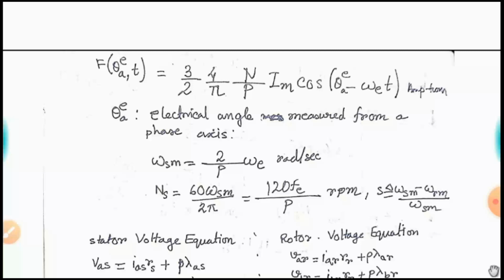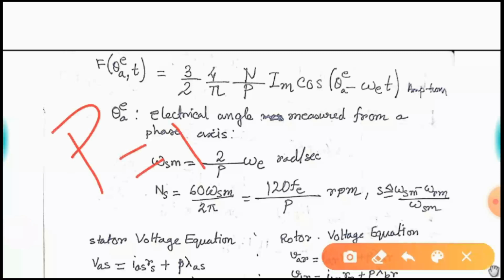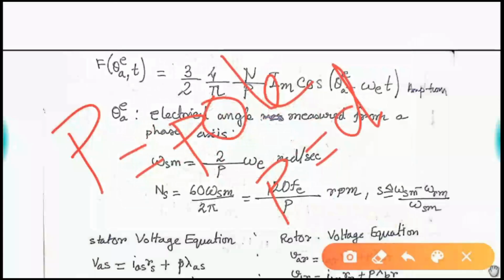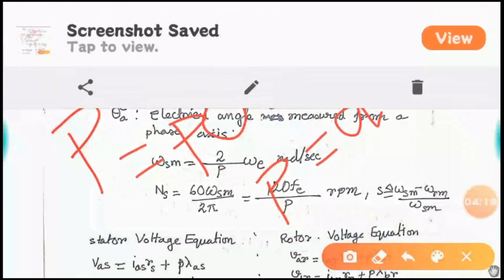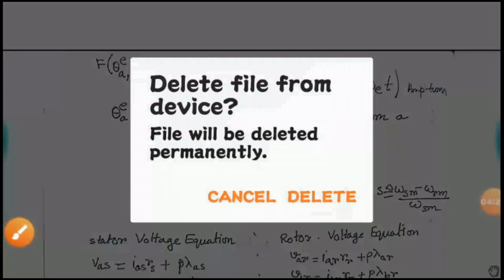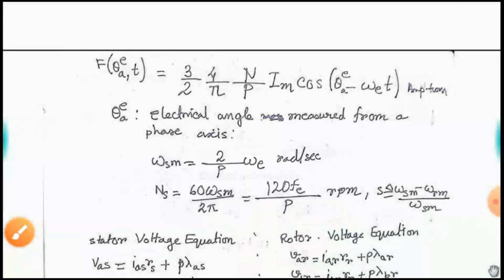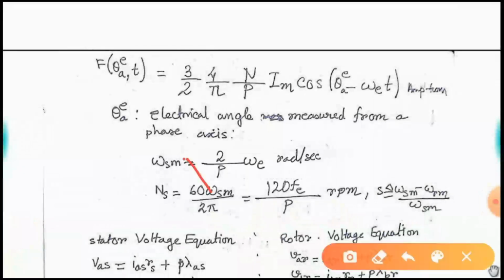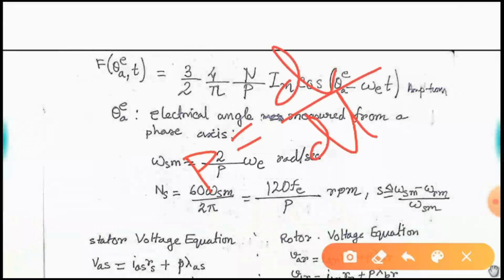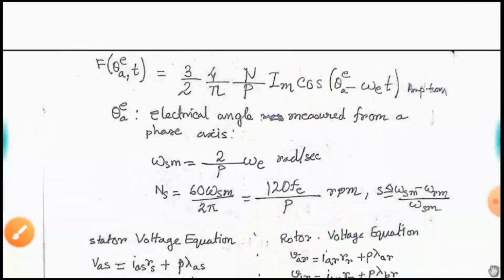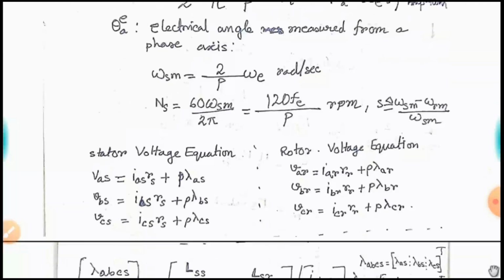This capital P is the number of poles. Again, capital P is pole, while small p is equal to d by dt.